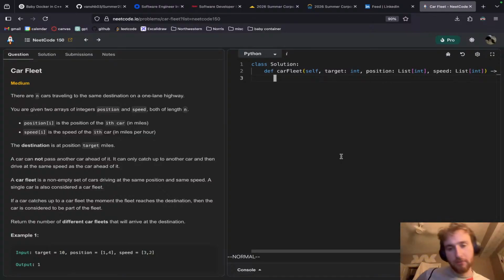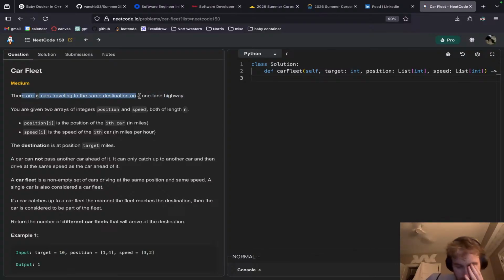I remember this one kind of being confusing. N cars traveling to the same destination on a one-way highway. You're given two arrays of integers, position and speed.